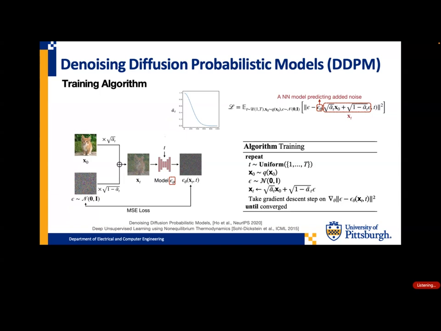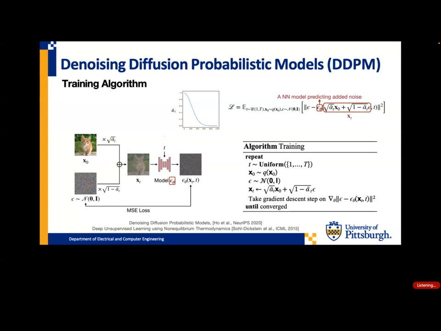Does that make sense? Okay, so that's why it's using L2 loss. So once you keep training the UNet or the transformer over here, eventually it learns that for this image, and this number t, what are the noises that just got added.